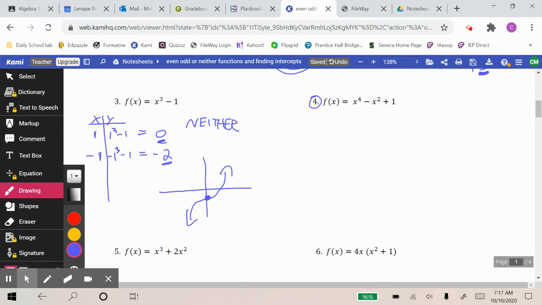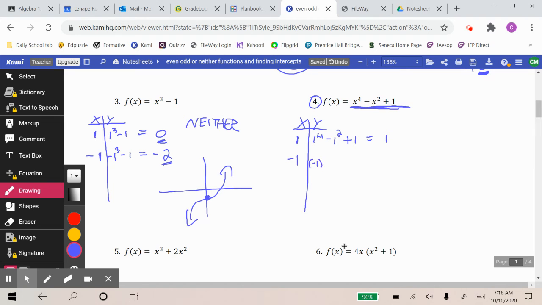Okay, let's move over to 4, and I'm just going to do this. This is the quickest, easiest way, right? It would take me a while to graph this. So let's just use this quick check of using the XY chart. All right, let's plug in 1 and -1. If we get 1 to the 4th minus 1 squared, well, that's just going to give me 1 minus 1, and then plus 1 just gives me 1.